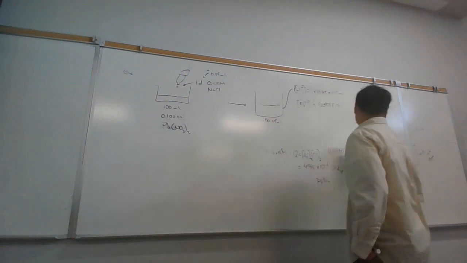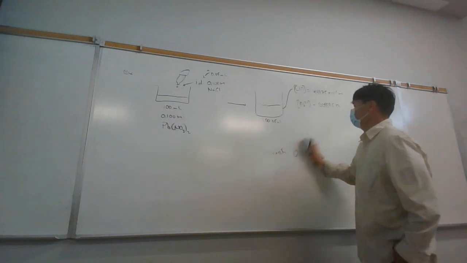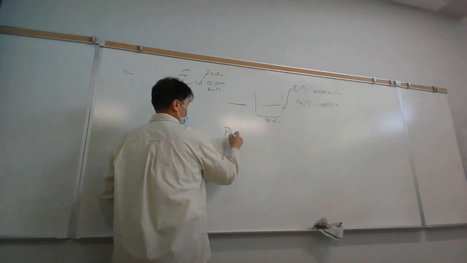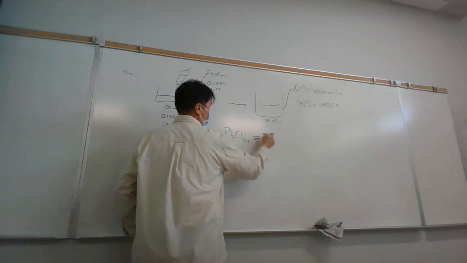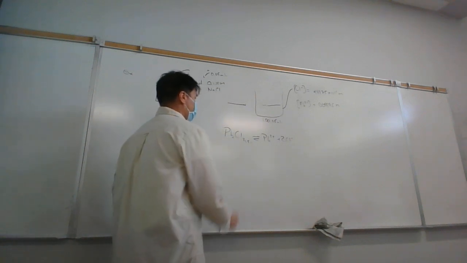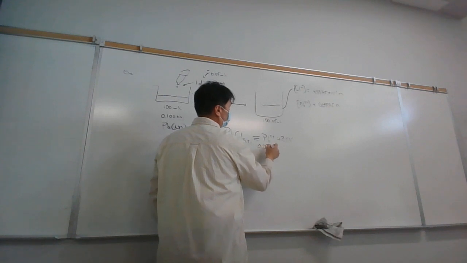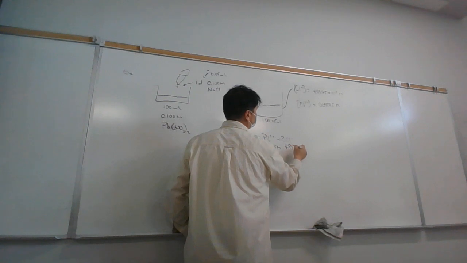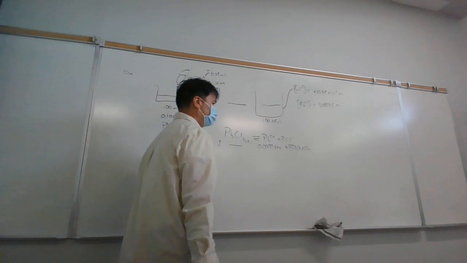Okay, but this splits up differently, and so the KSP expression is different. When we look at the KSP equation, PbCl2 solid goes to Pb2+ plus 2Cl-. And so our initial for the lead is 0.09995 molar. For the chlorides, I'm going to have 4.9975 times 10 to the minus 5 molar. This is the total chloride present.